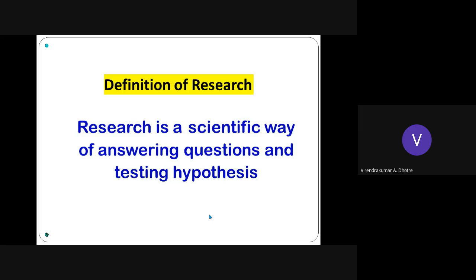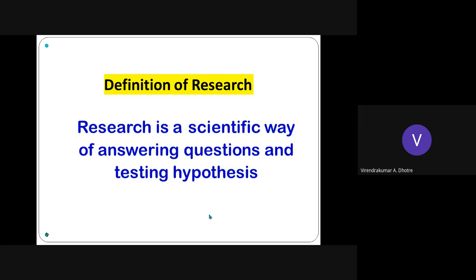If any question or problem is there, then there is a scientific way to give a solution to the problem or answer to the question. The way in which the answer is given is research. It is also the scientific way of testing hypotheses.